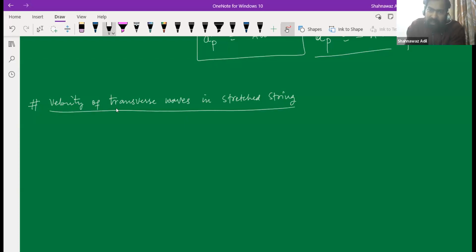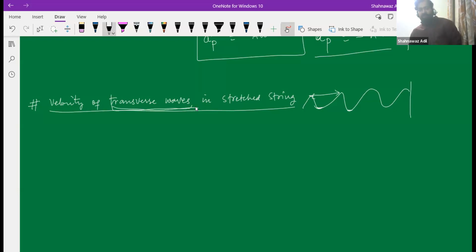So why is there a transverse wave? Because whenever we stretch the string, the string moves in crest and trough. This is crest and this is trough. So the wave propagating in a stretched string is a transverse wave. What is the velocity of a transverse wave in a stretched string?